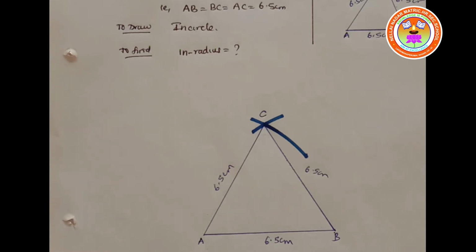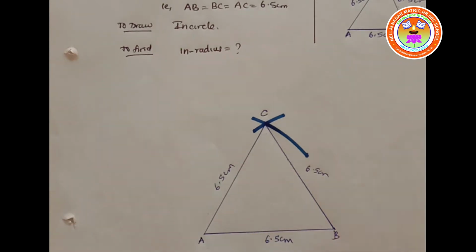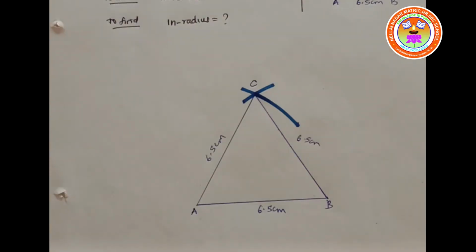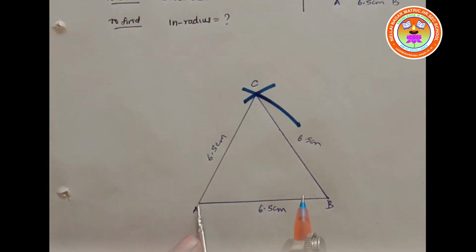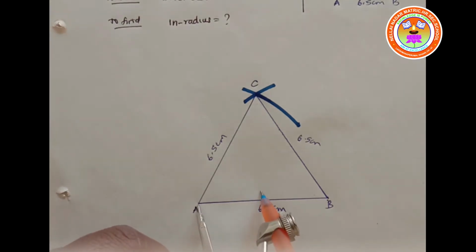That is, of the three vertices A, B and C, you take any two vertices. You are going to construct the angle bisector. So I am going to consider A and B. From A, take the compass. Listen carefully, children. With A, take any radius.